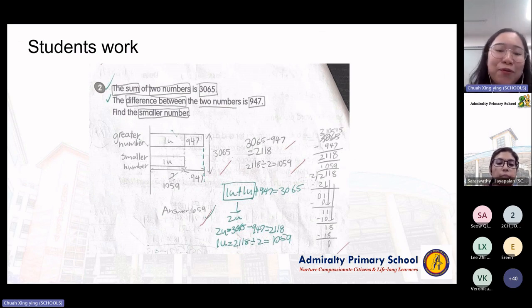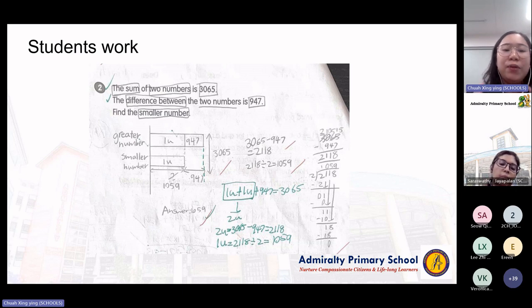Sometimes when we draw models, we find it very difficult as adults. But when children really get a hang of it and practice a lot, they will see things even better. So these are actually children's work. When the children box up the important key points and present them in the model, they draw and label every single part that they are trying to find out.